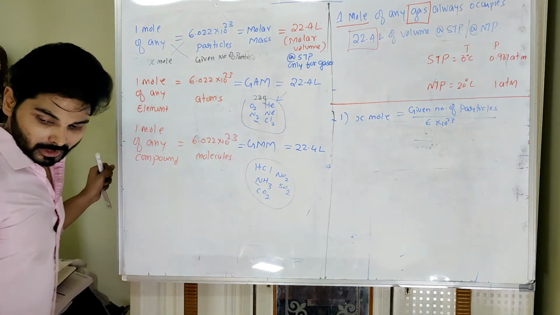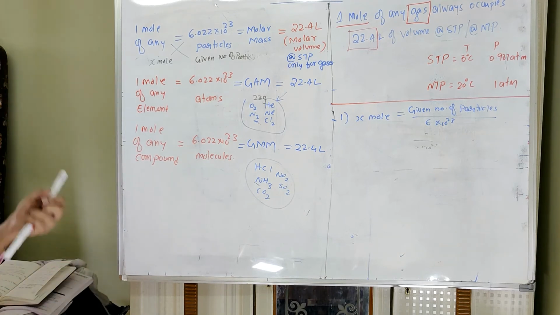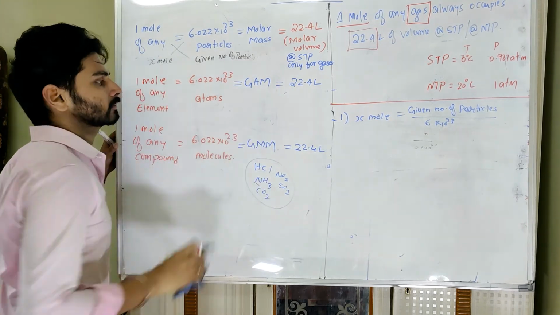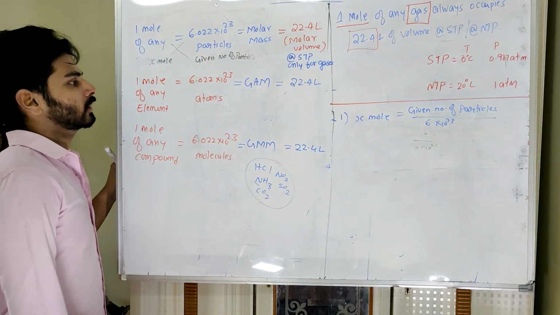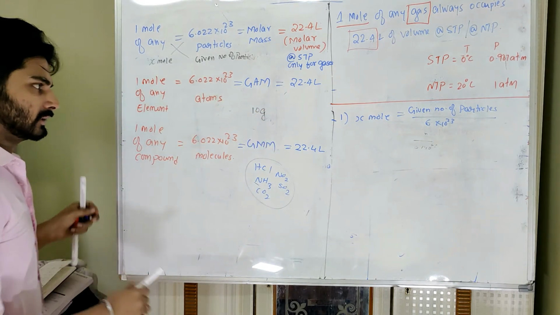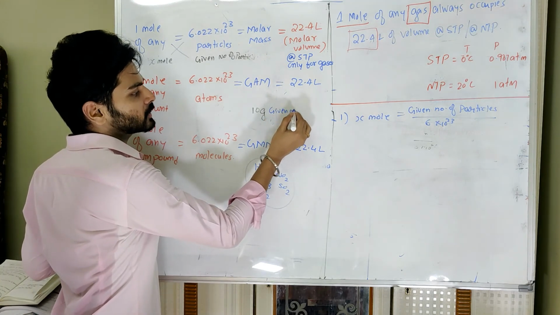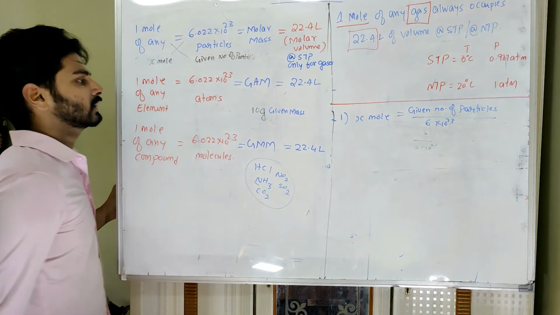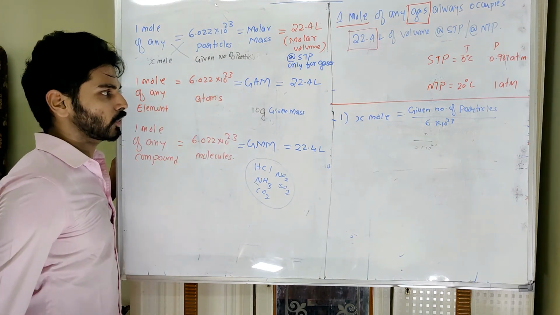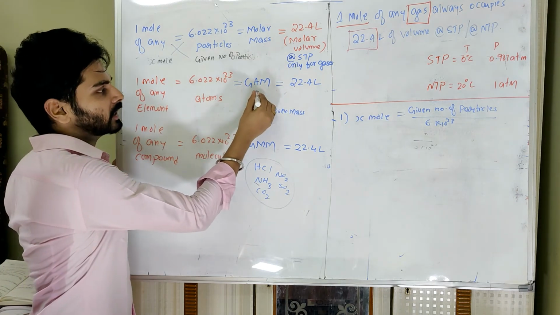But if the question is like 10 gram of sodium, that 10 gram will become the given mass. 10 gram is now called the given mass. Why? Because that is question specific, and now they are asking us to calculate how much mole 10 gram is for sodium.